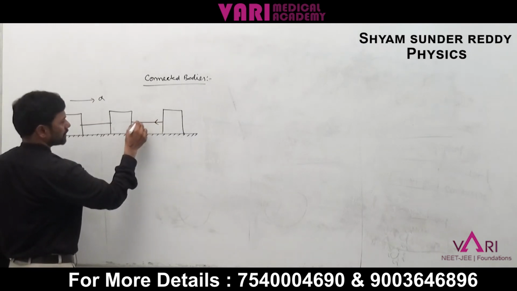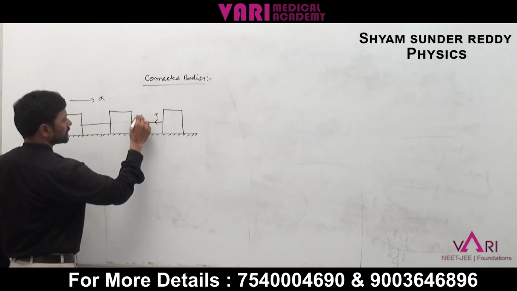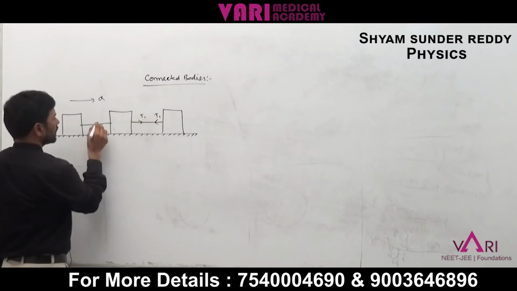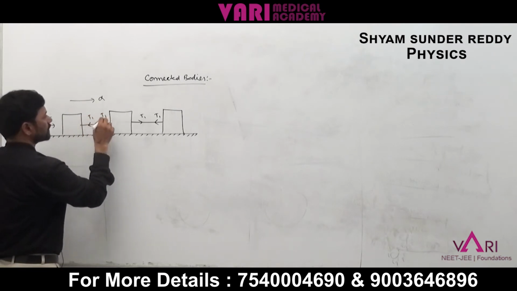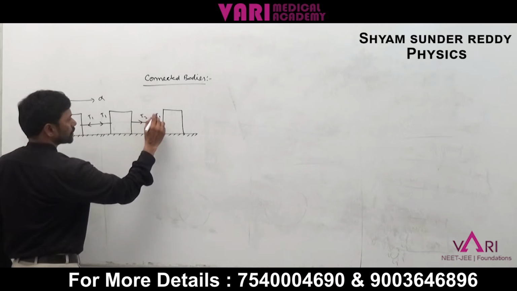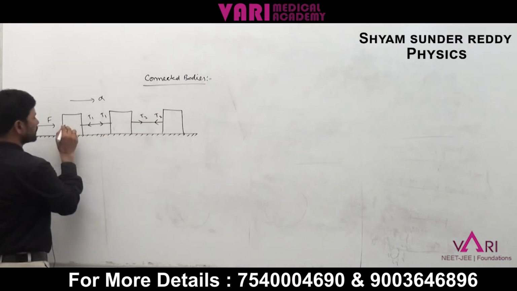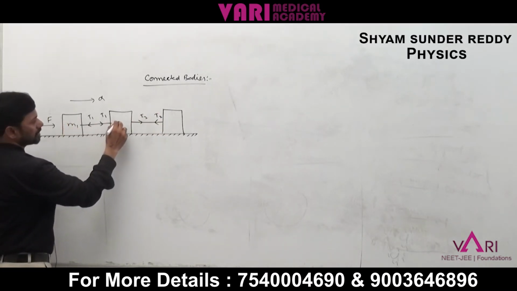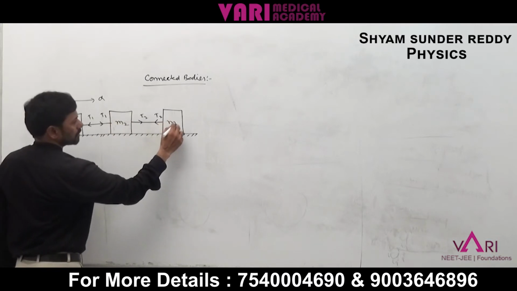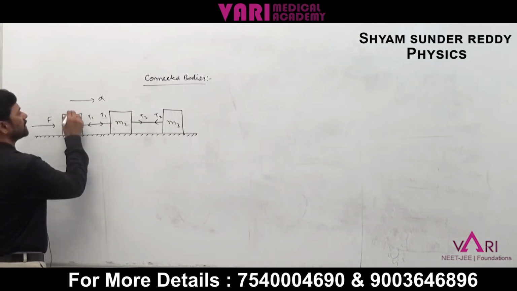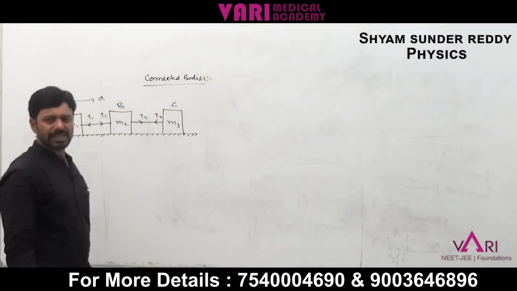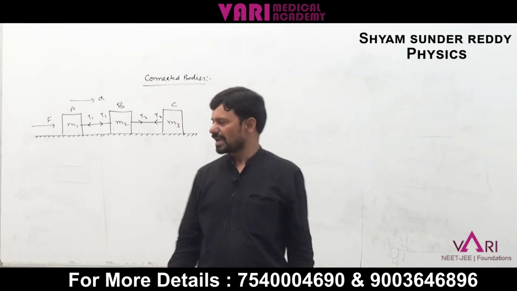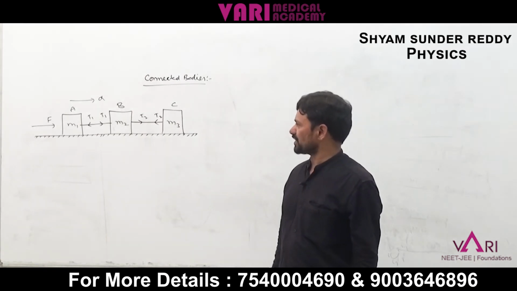So the tension in the 2 strings, this is T1, this is T2, because we take the masses as M1, M2, M3, otherwise blocks A, B, C. A, B, C 3 blocks are there and the masses are M1, M2, M3.